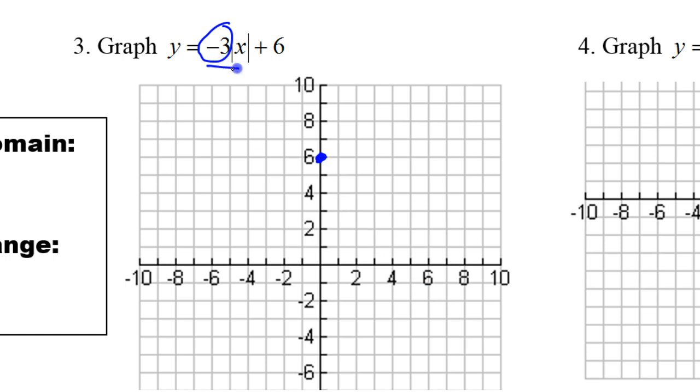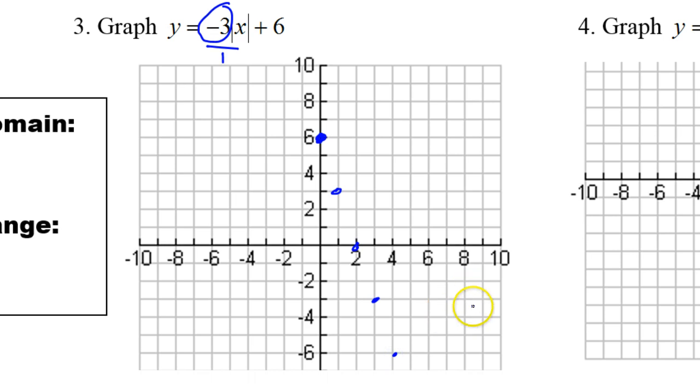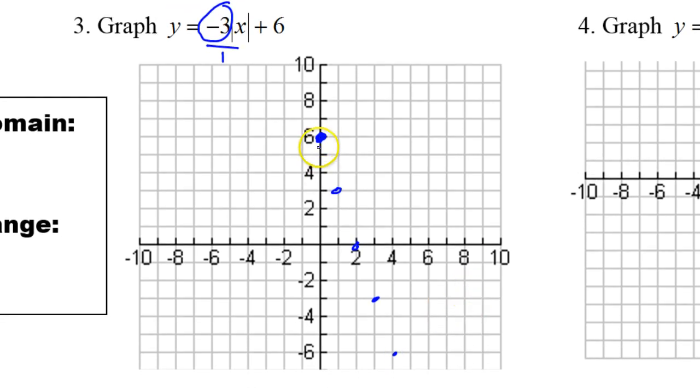So this is down 3, right 1. So down 3, right 1, again, again, again. Now this is going to be a V, so I'll do the mirror image. Down 3, left 1. All right, so this is what number 3 should look like.